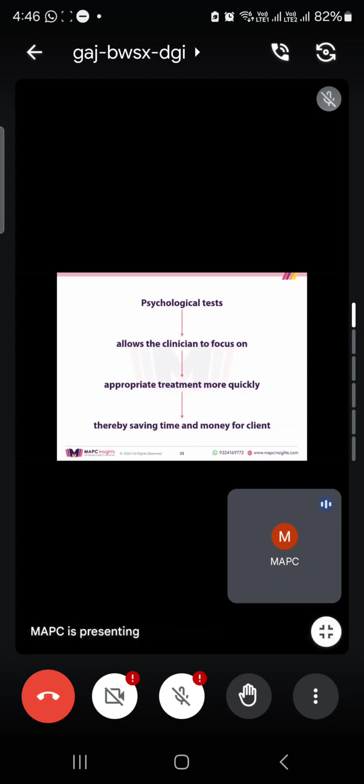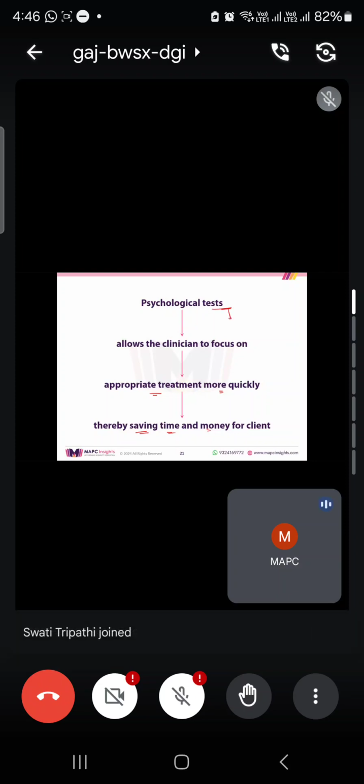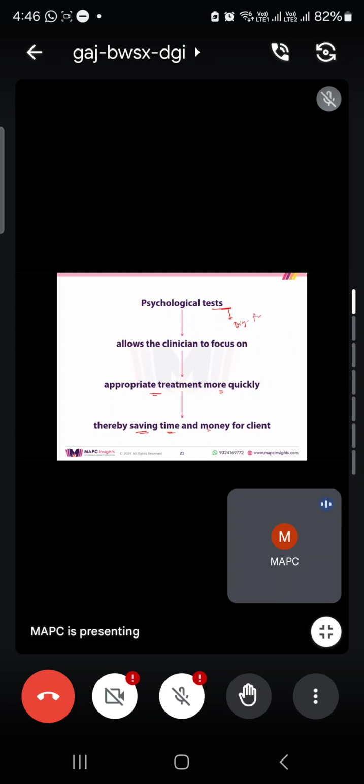Psychological tests allow the clinical psychologist to focus on appropriate treatment more quickly, and in this way the client can save time and money. These tests allow us to diagnose the problem and its severity, whether it is mild or severe.